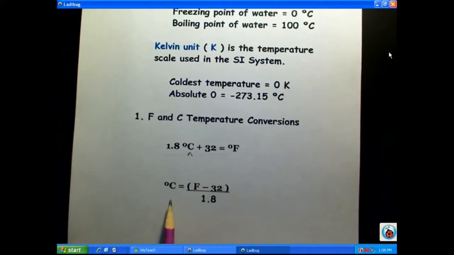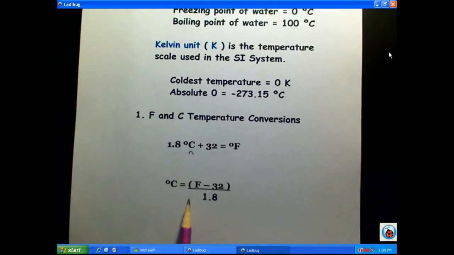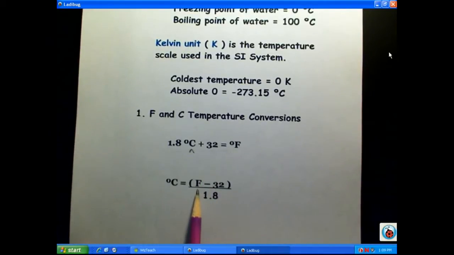If you're given Fahrenheit temperature and you need to convert to degrees Celsius, this formula has already been rearranged down to this, and so you would have Fahrenheit degrees minus 32 and then divide by 1.8.